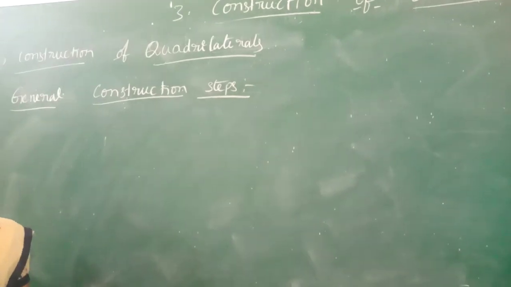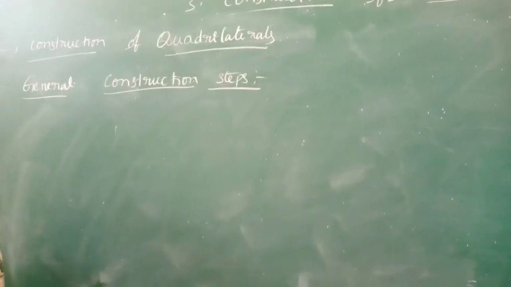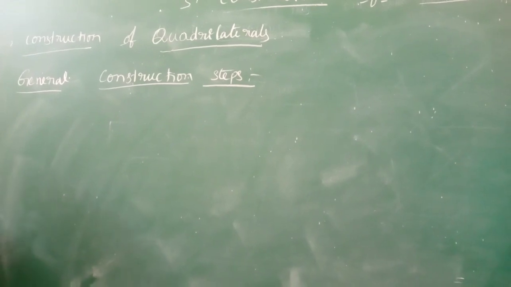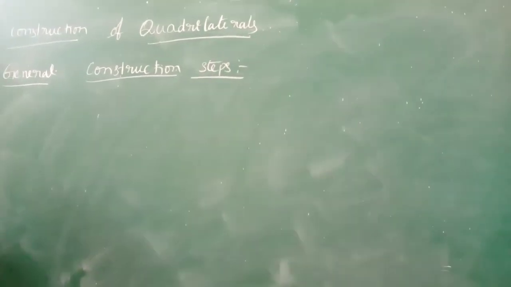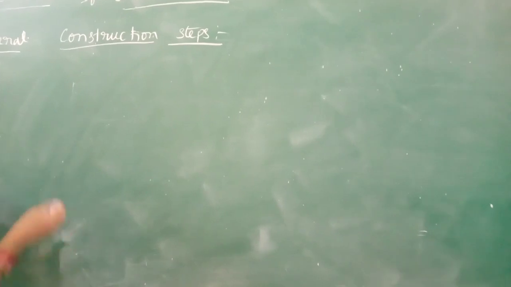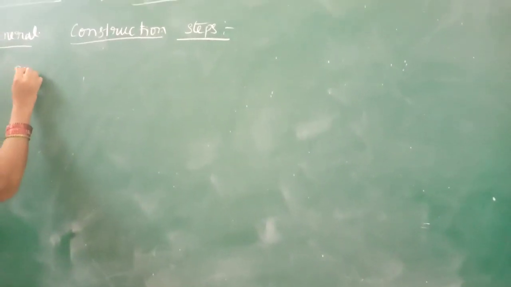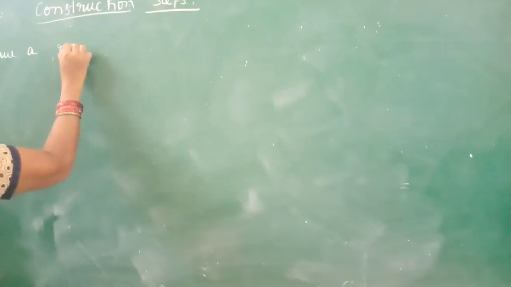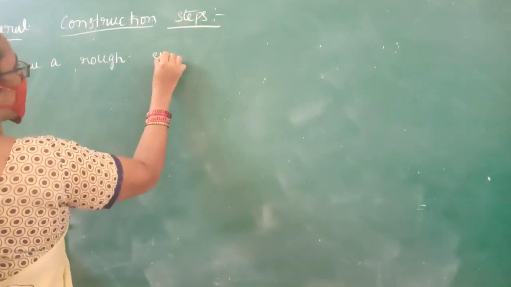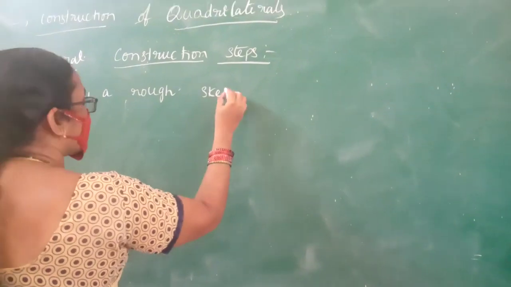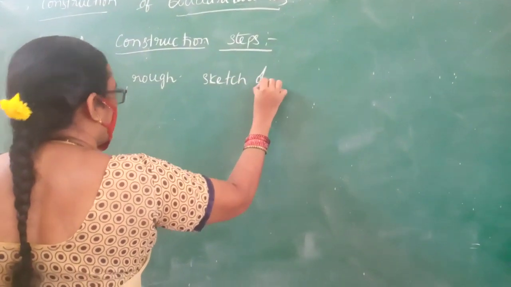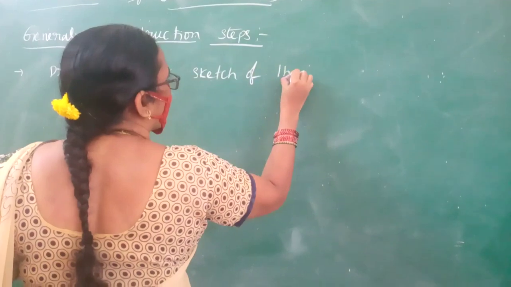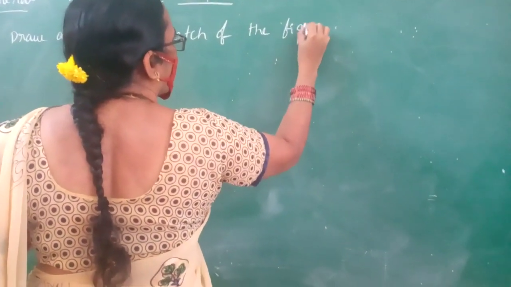General construction steps. Every diagram, first we draw the rough. First we prepare ourselves, that is the rough. So first step is draw a rough sketch of the figure.